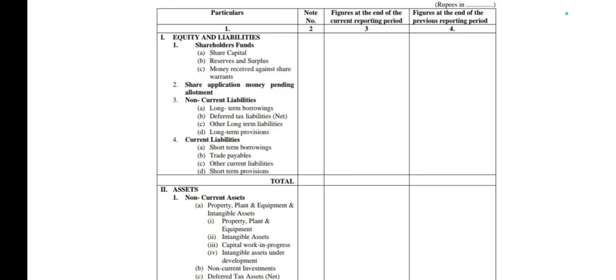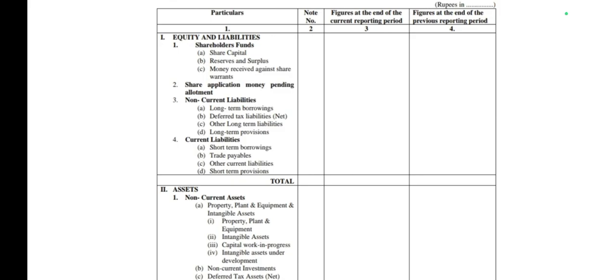The reason is comparison. In this kind of balance sheet, we will be able to compare our position of assets and liabilities with the assets and liabilities of the last year. This is why we make two columns for amount in the balance sheet.